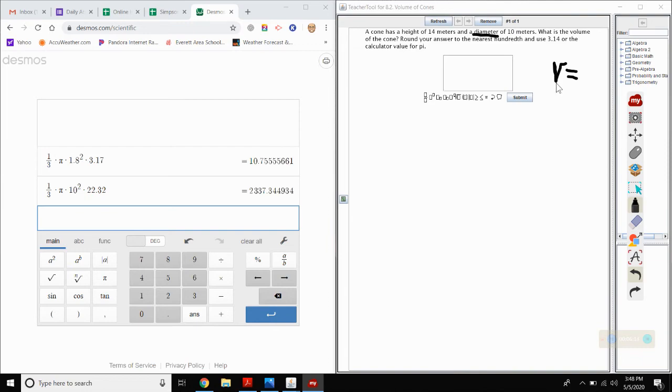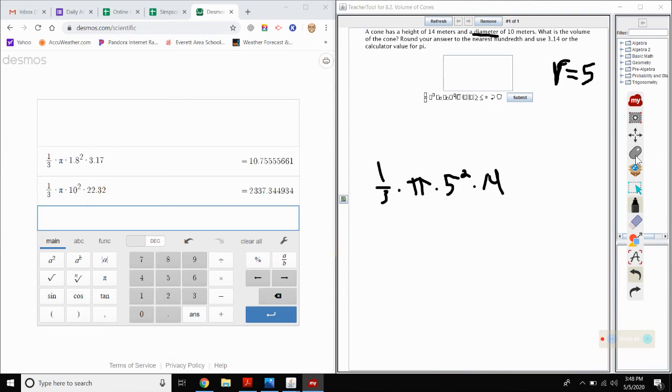I know that R looks like a V. My radius is half of the 10, which makes my radius 5. So now I'm ready to put my formula down. So I have 1/3 times pi times my radius squared, not my diameter, my radius, which is half of the diameter, my radius squared times my height, and a height of 14.